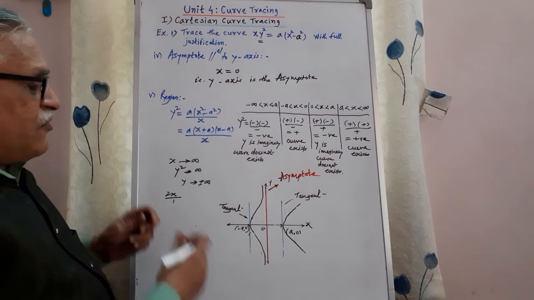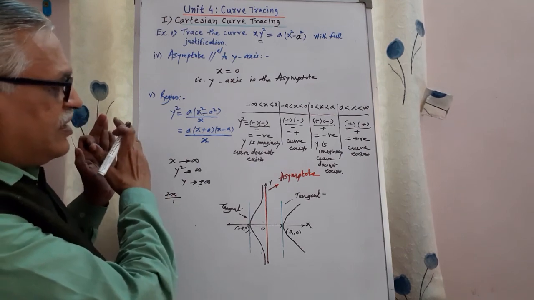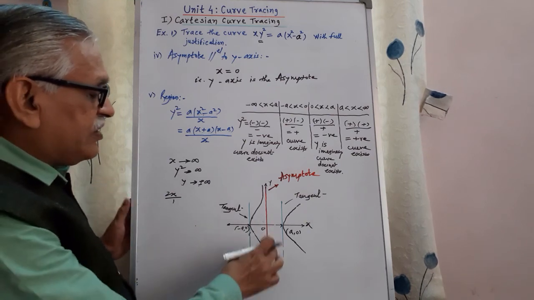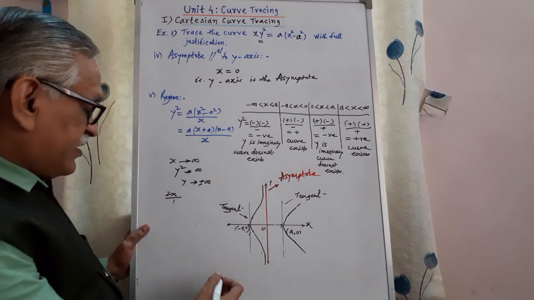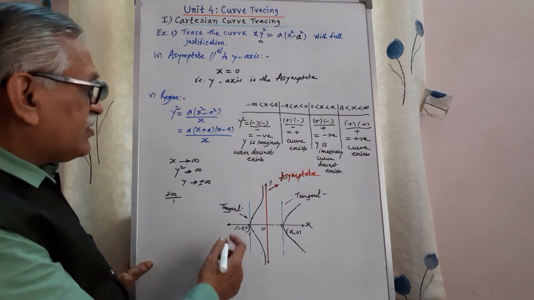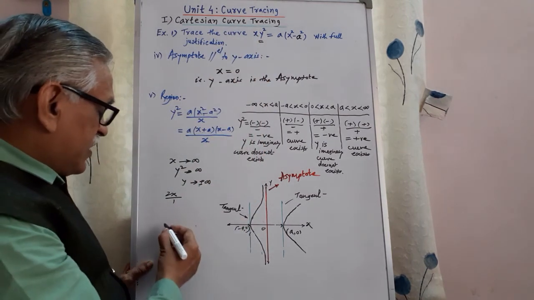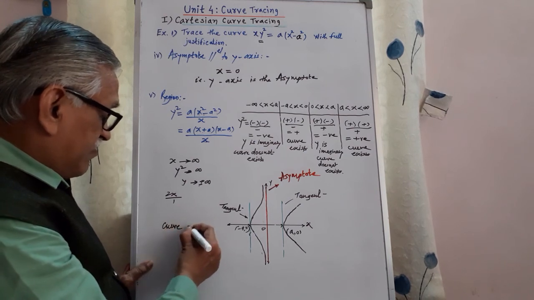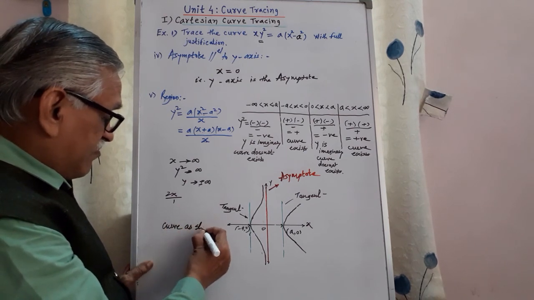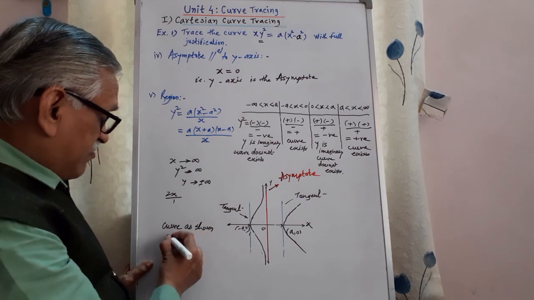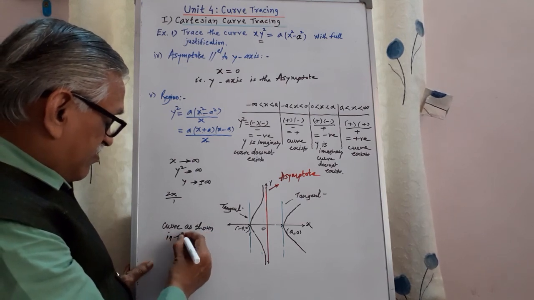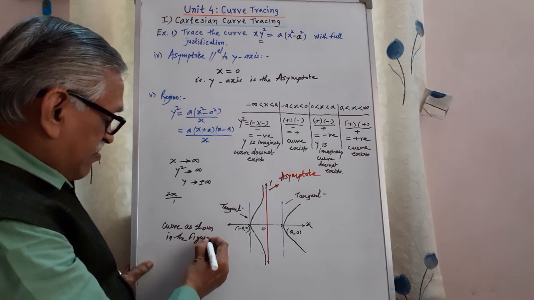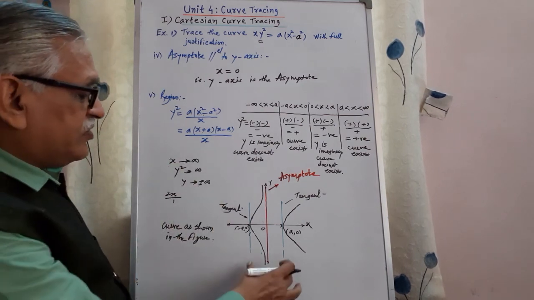Therefore I have used all the discussion to complete this figure, and whatever figure we are getting is called a tracing of this curve. Therefore, the curve is as shown in the figure. This is the required curve.